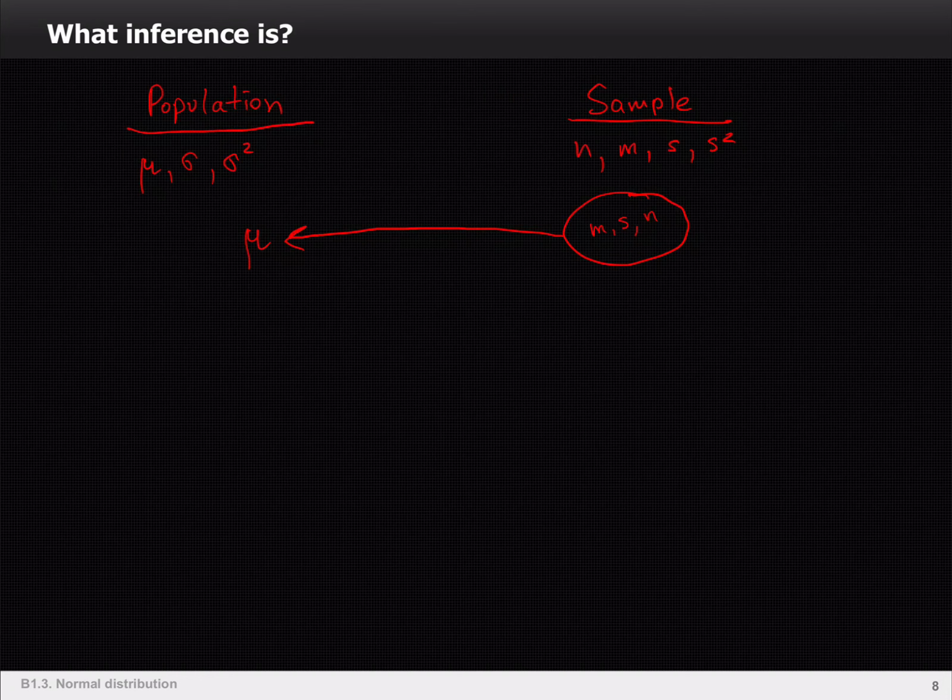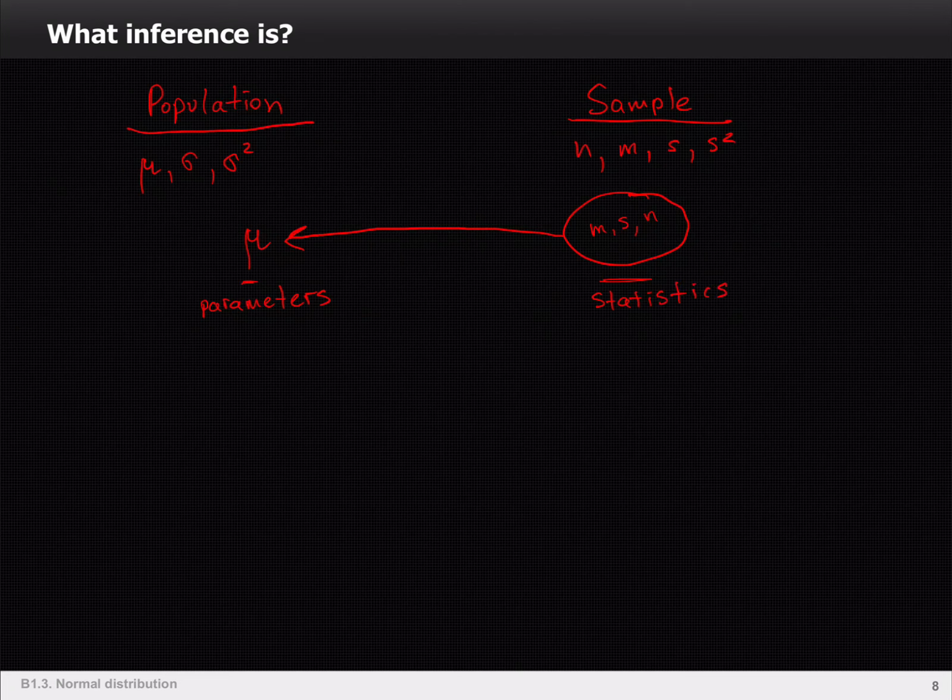So this is an inference, so you try to estimate the parameters of your population by using statistics of your sample. So here we have parameters, and here we have statistics. Okay.